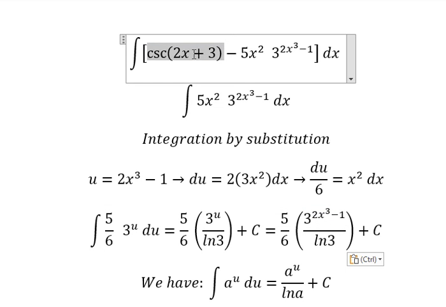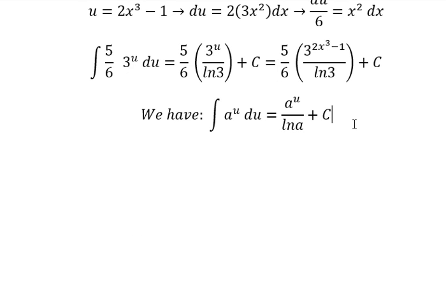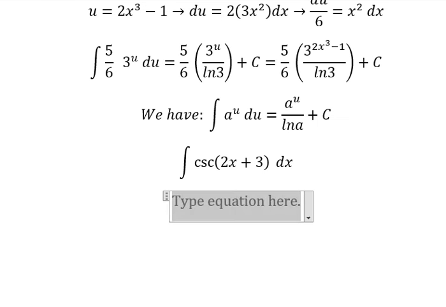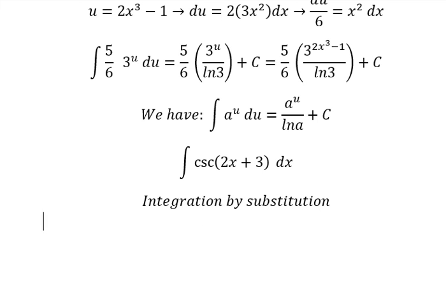Now I will concentrate on this one only. So we need to use integration by substitution. So I will put u equals to 2x plus 3.